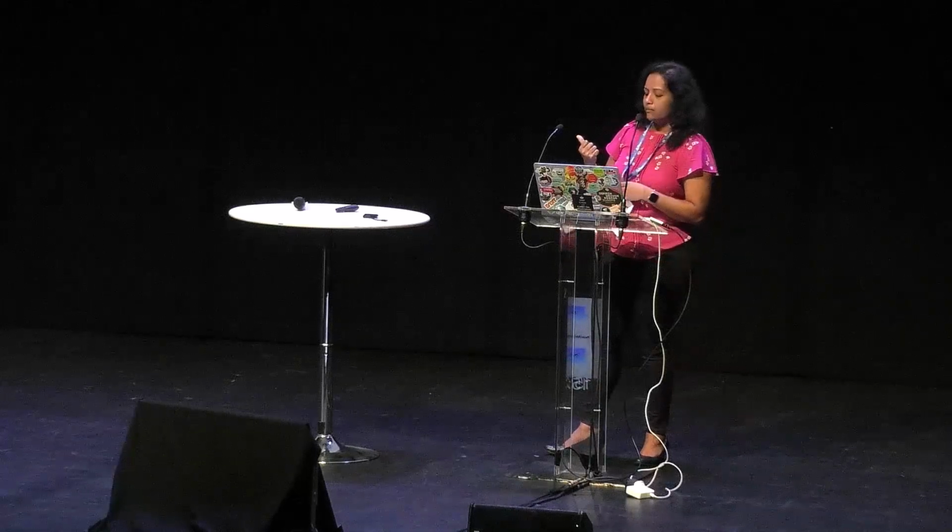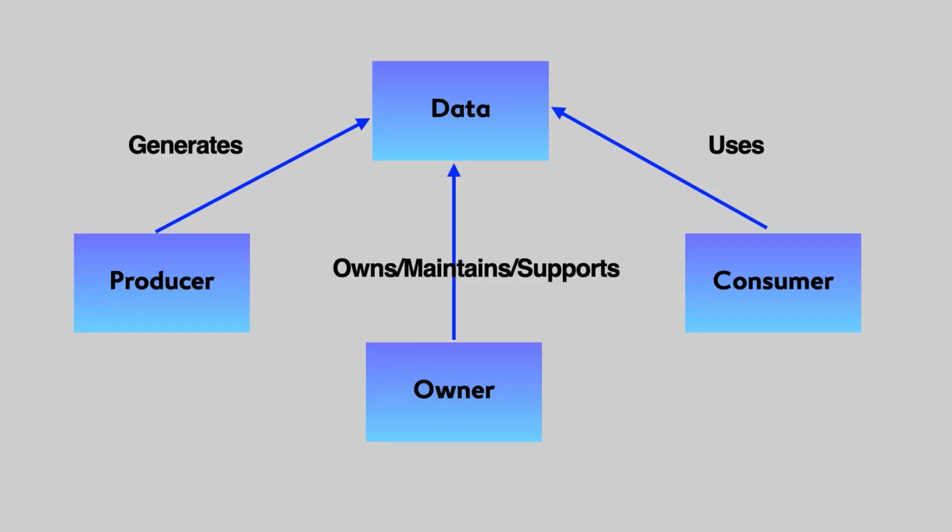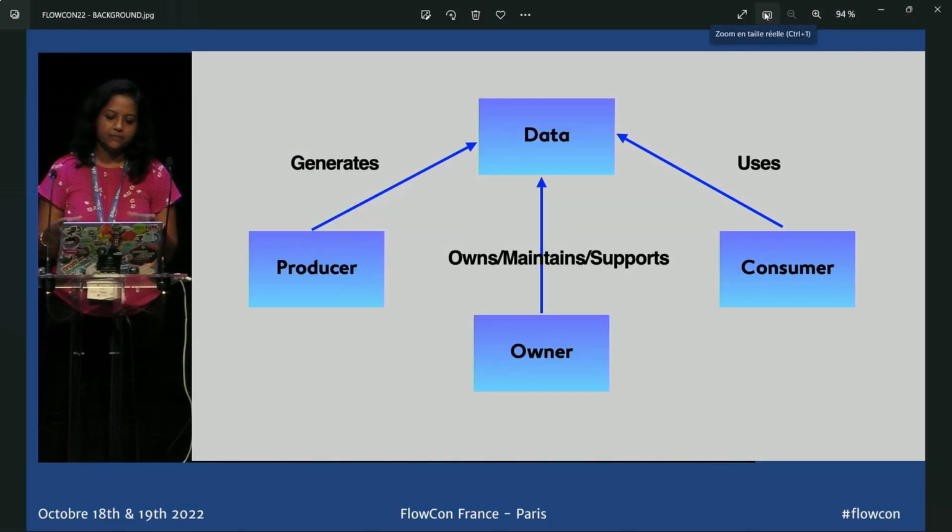So this diagram hopefully explains that concept easily. For any data set, there are usually 2, if not 3 different actors associated with that data. First, obviously on the left side, are producers who generate the data. And this could be more than one team. It could be external producers, third party, you name it.